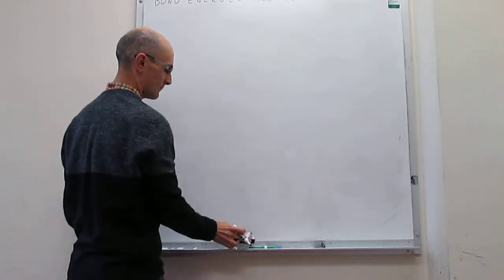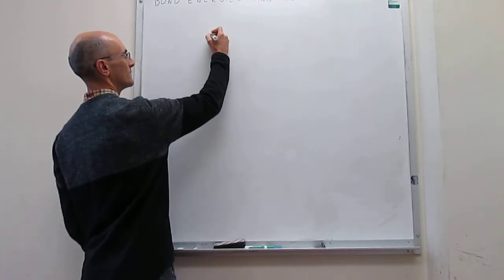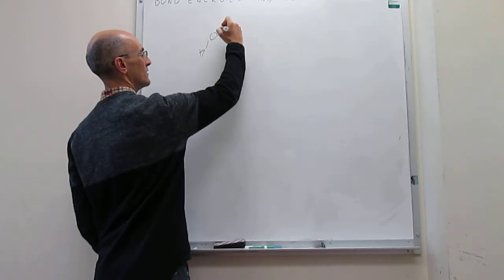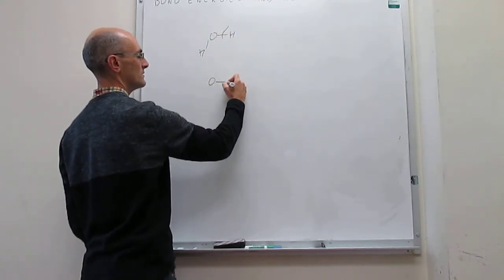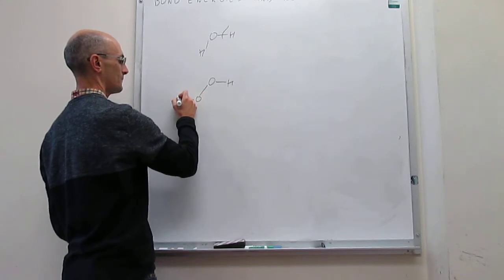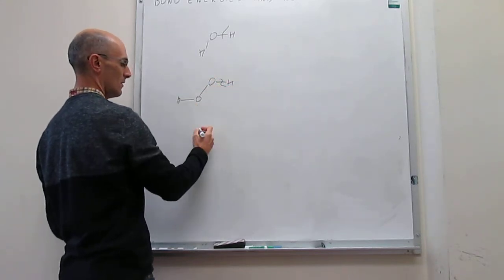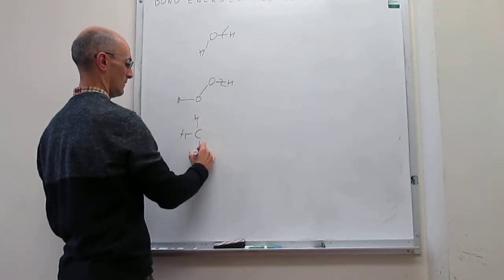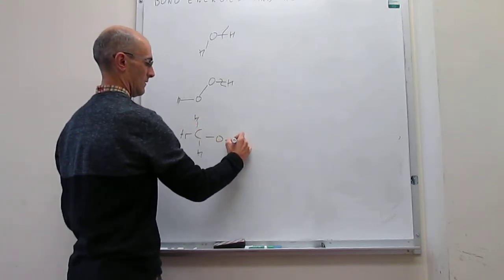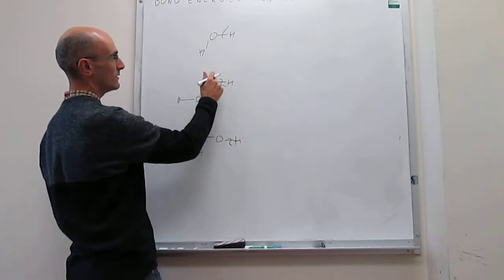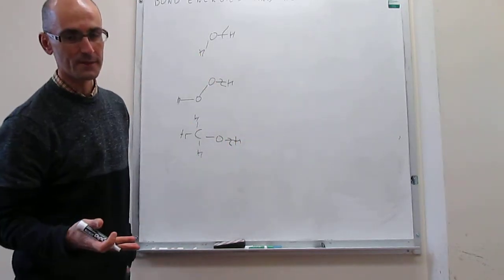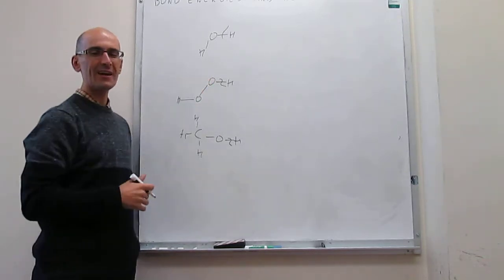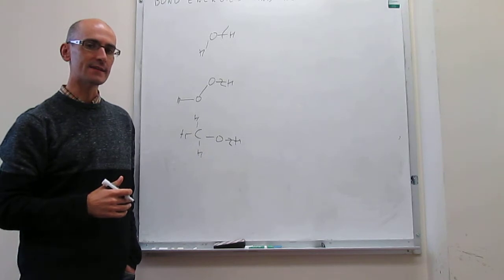Think about the O-H bond in water, where you have O, H, and H. The energy of that bond versus the energy of the bond in hydrogen peroxide, or maybe the energy of that bond in a different molecule like methanol. Notice that in these three molecules you have O-H bonds, but we know that the energies of each one of the bonds are actually slightly different. They're not exactly the same.